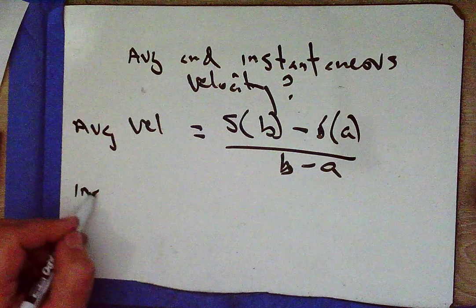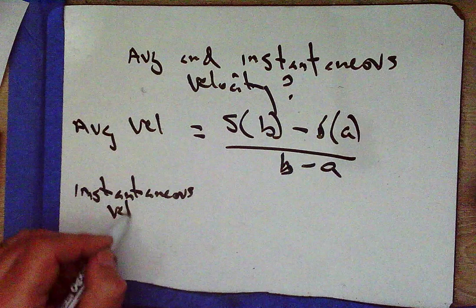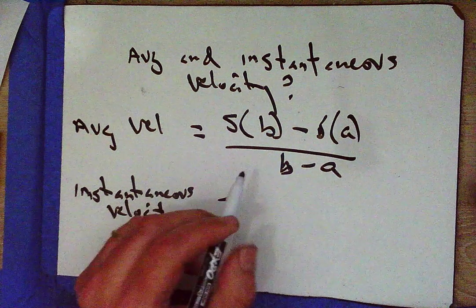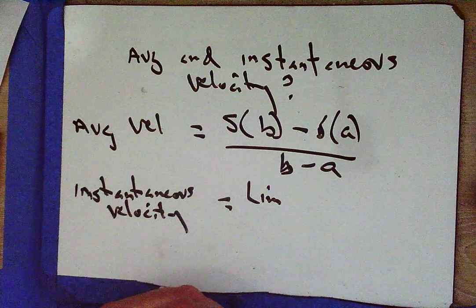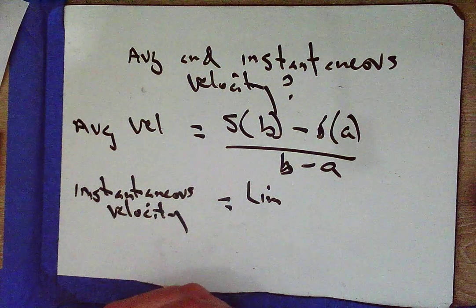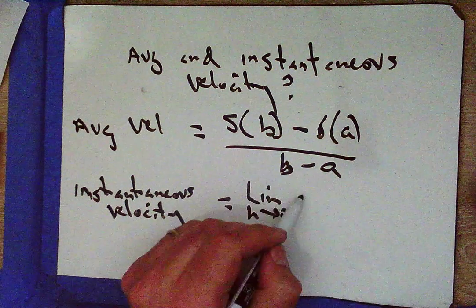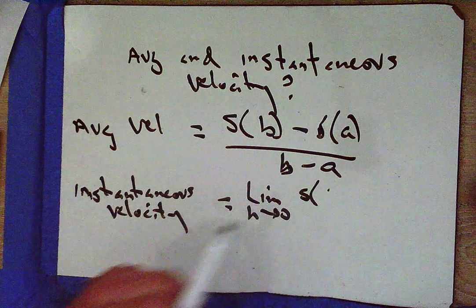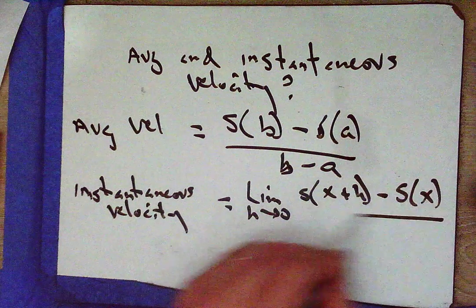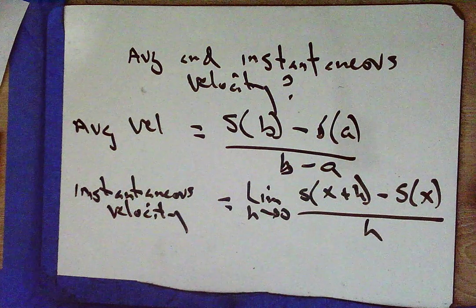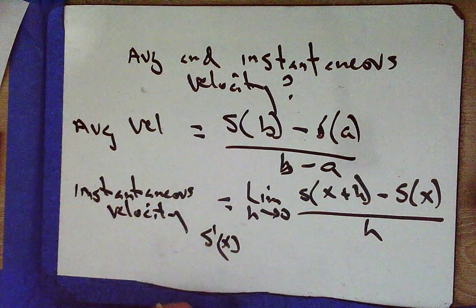But if we want instantaneous velocity, then we need to do the limit, and you pick which limit definition of the derivative you want to do. I'm going to use this one. The limit as h heads to 0 of s of x plus h minus s of x all over h. That will give me the general derivative, s prime of x.